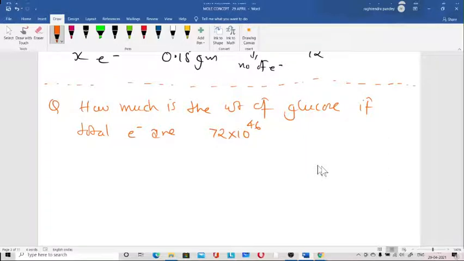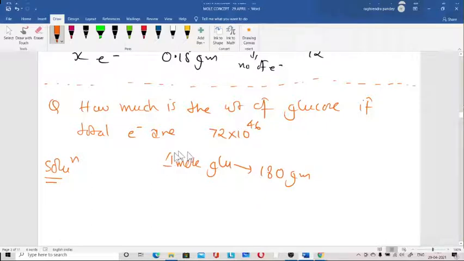Okay, now I am solving it for you. So 1 mole glucose having weight of 180 gram. When I say 1 mole glucose, it means 6.023 into 10 to the power 23 glucose molecules. And 1 mole glucose is 96 N naught. N naught is your Avogadro number, 6.023 10 power 23. So these are coming from this 1 mole glucose. So these two are equal, so you can equate it and then you can solve it.